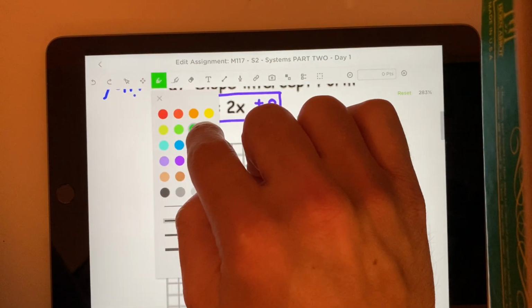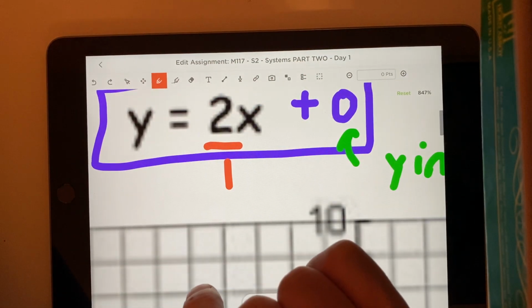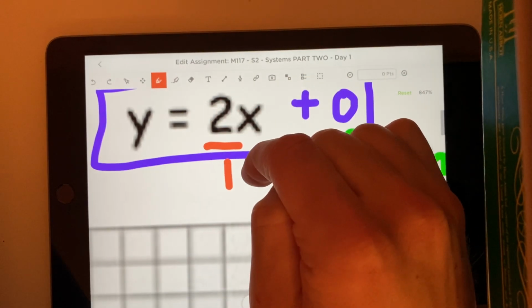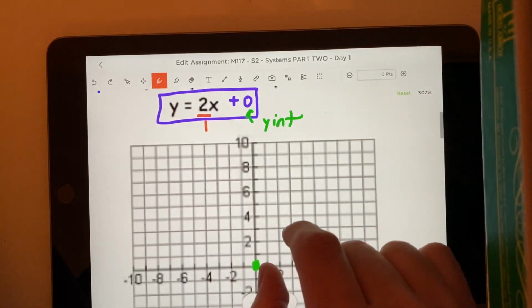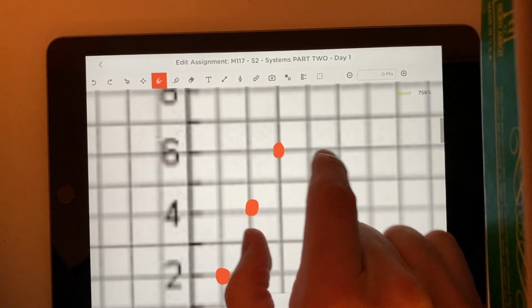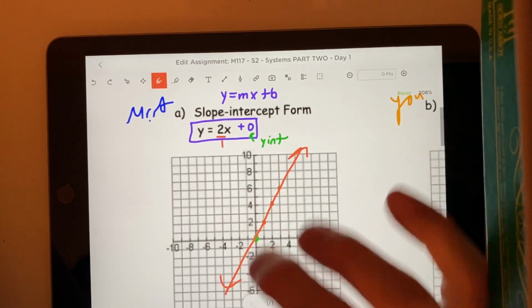And then my slope, if you guys can remember this, is 2 over 1, right? Rise over run. Rise with the y's, run with your x. So this is up 2, right 1, up 2, right 1, up 2, right 1. And yoink, we have our line.